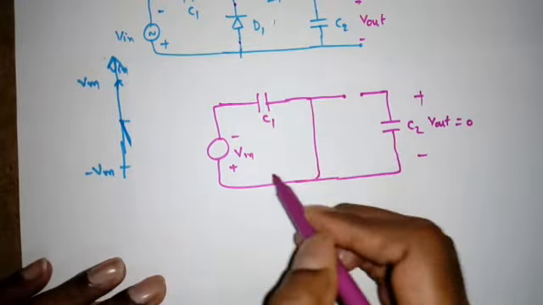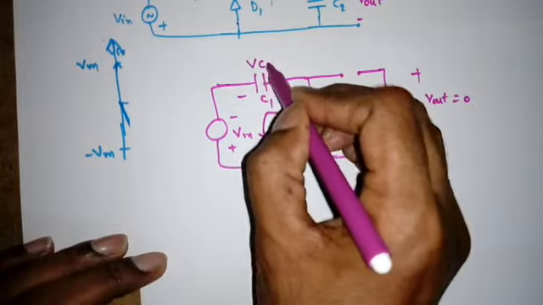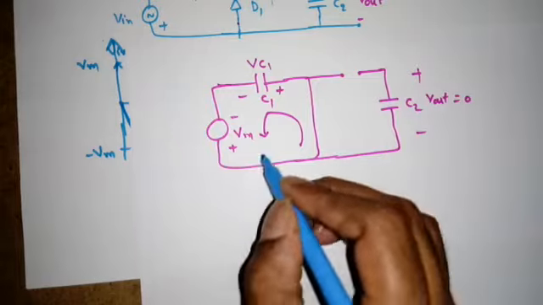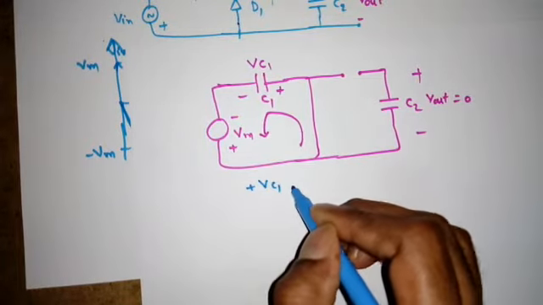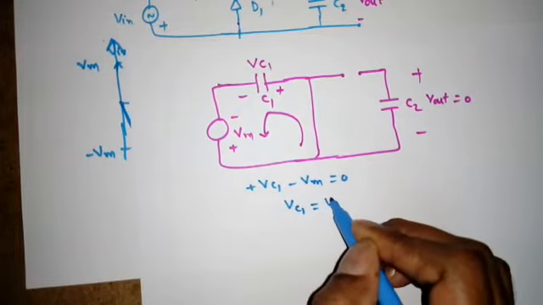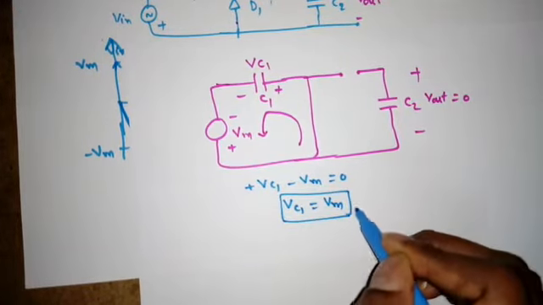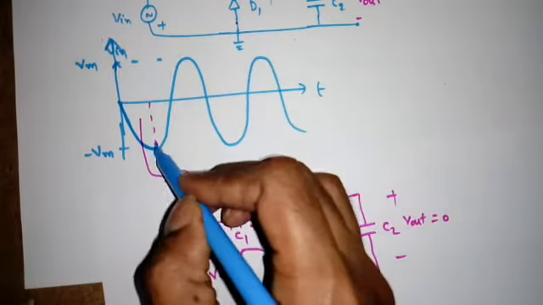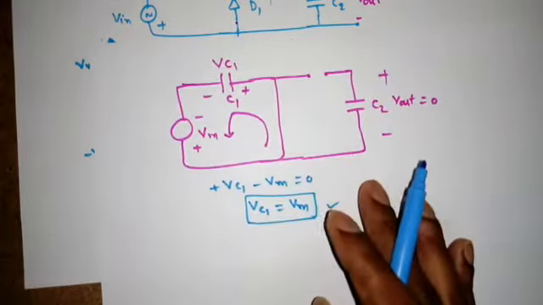That means this is the plus, this is the minus. So this is the Vc1. Now tell me what is the Vc1? Very simple. Apply KVL. So plus Vc1 minus Vm is equal to 0. So what is Vc1? Vm, right? So this is from 0 to minus Vm.